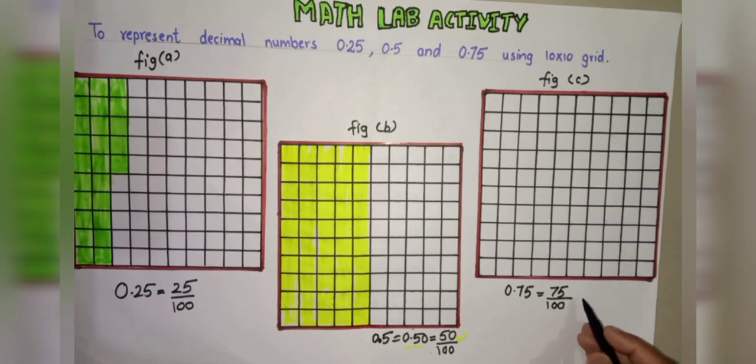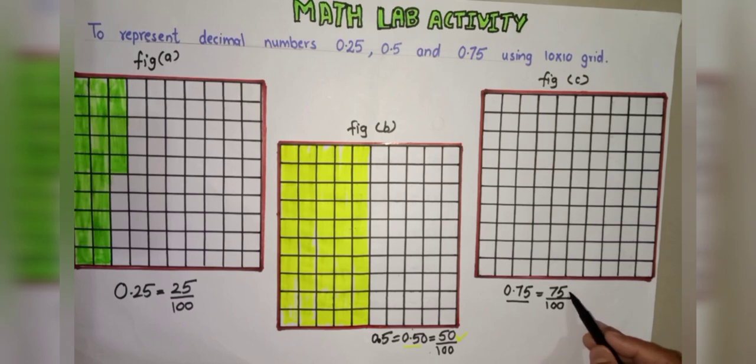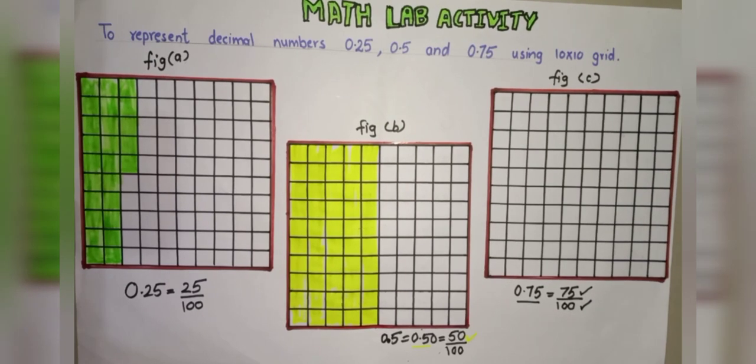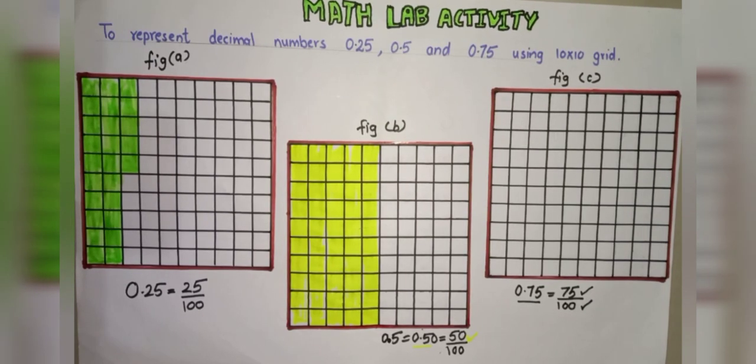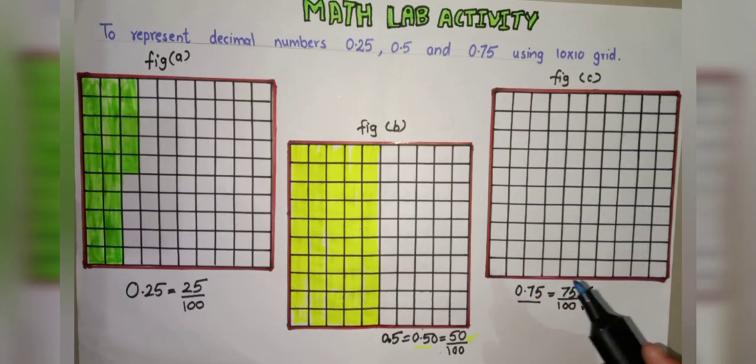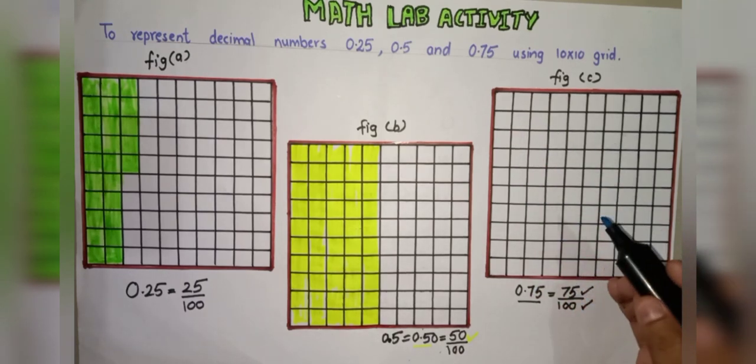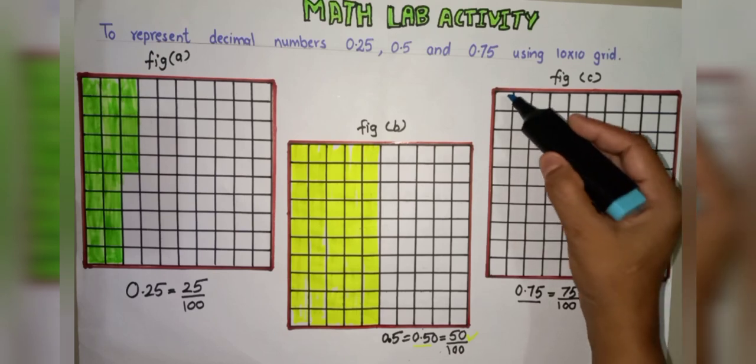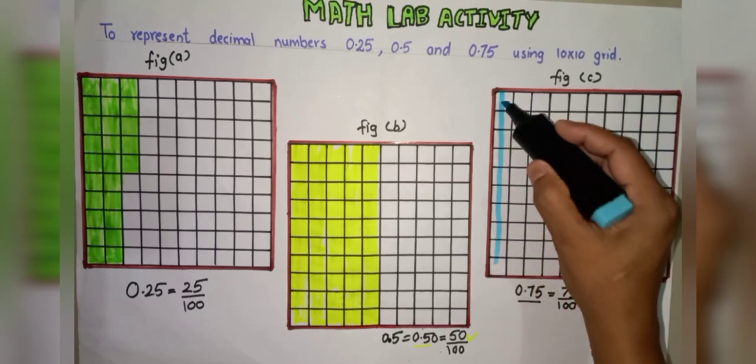Now, to represent 0.75, we need to shade 75 unit squares out of 100 squares. Now let's begin with the shading part. For this I have taken this marker, and now we will shade 75 squares. So let's begin with this.